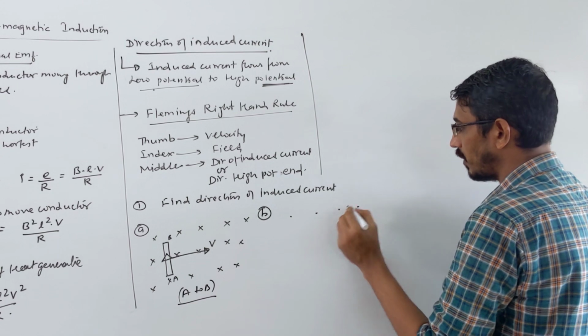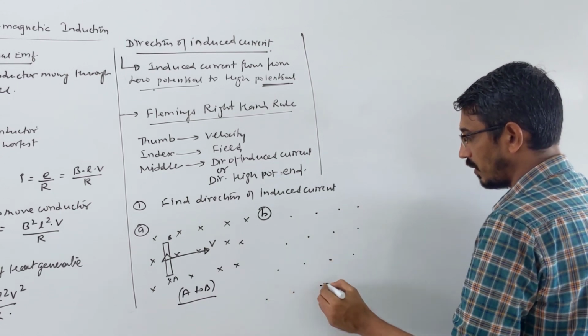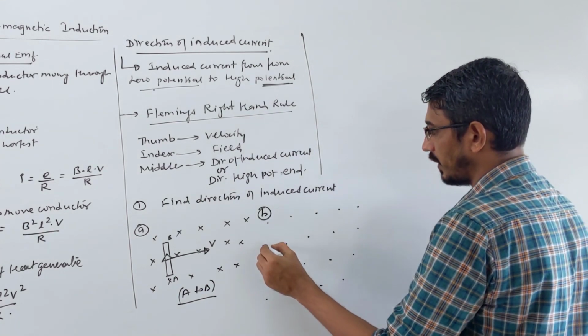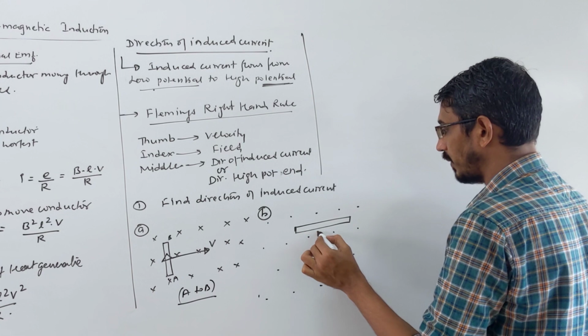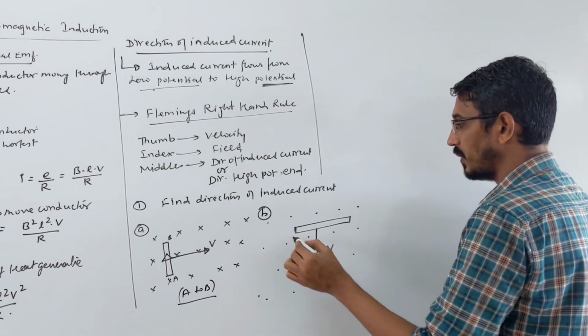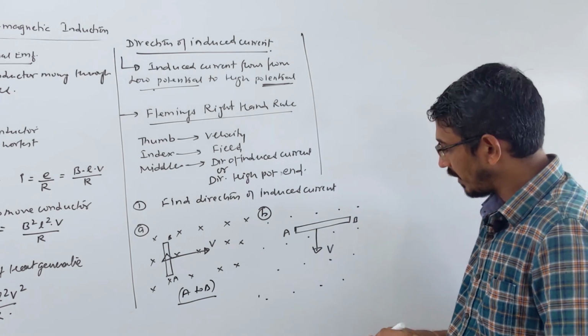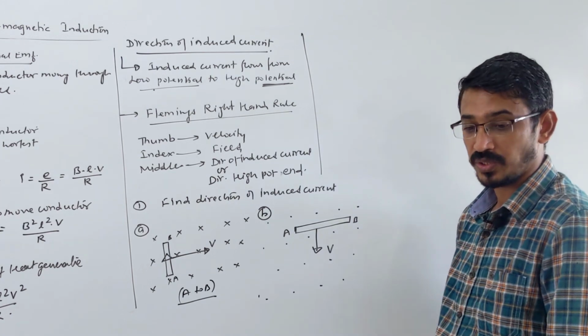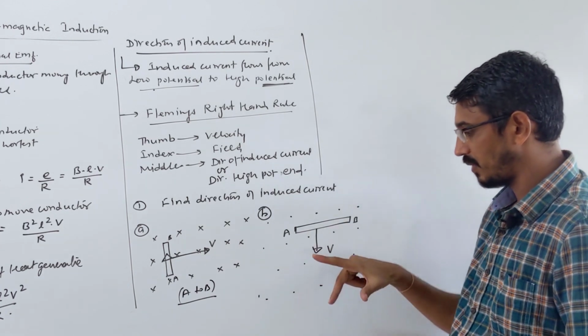Okay, let's see another case. This is given with dots, a field direction coming outward, and the conductor is falling downward. This is the velocity direction, with end A and end B. So what is the direction of the induced current or high potential? Let's see, this is your hand, adjust it.